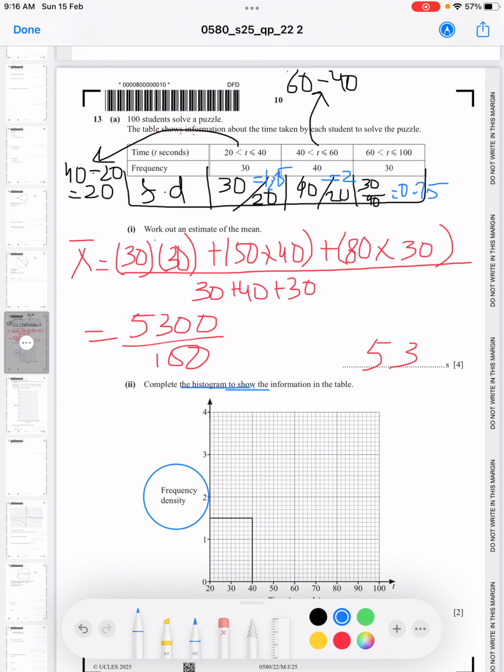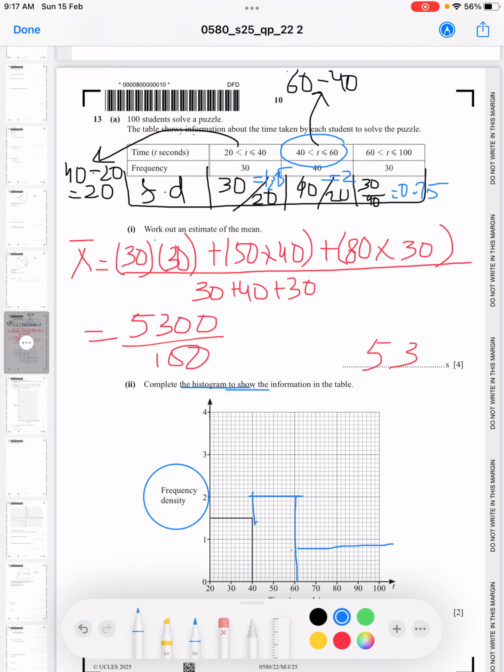Okay. So the first one is drawn, for the range 20 to 40 the bar is drawn. Let's try to do the other one. For 40 to 60 we have answer 2, so 40 to 60, this one. And the next one, 60 to 100, our answer is 0.75.